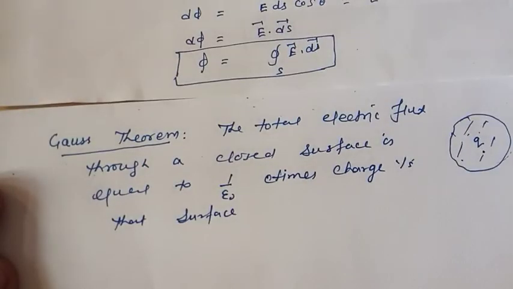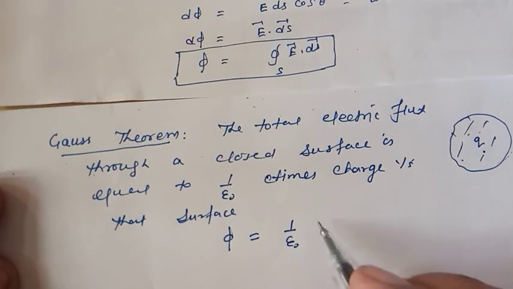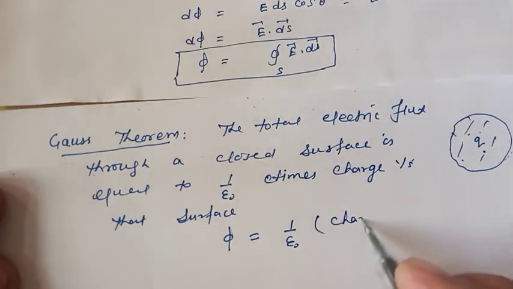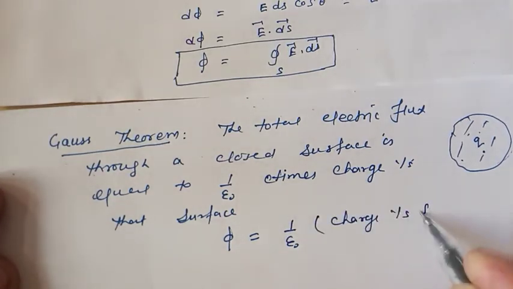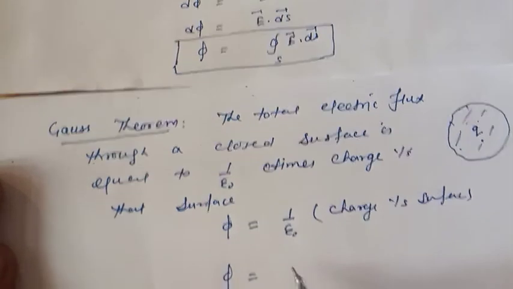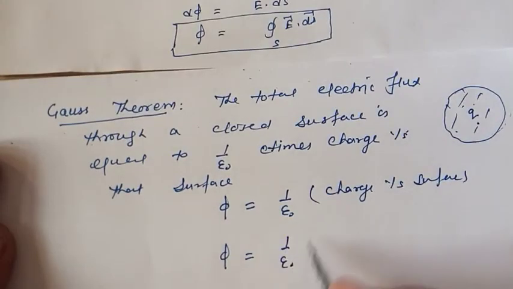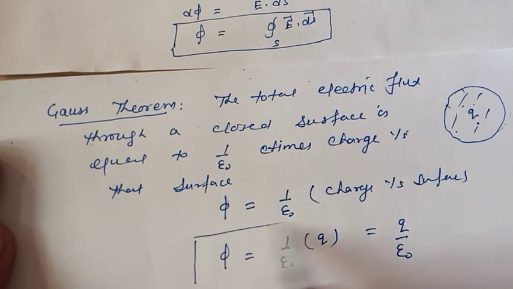Mathematically, what does it say? Total electric flux means phi equal to what? 1 upon epsilon 0 charge inside the surface. So phi equal to 1 upon epsilon 0 into Q, or simply it is Q upon epsilon 0. So this is the Gauss theorem.